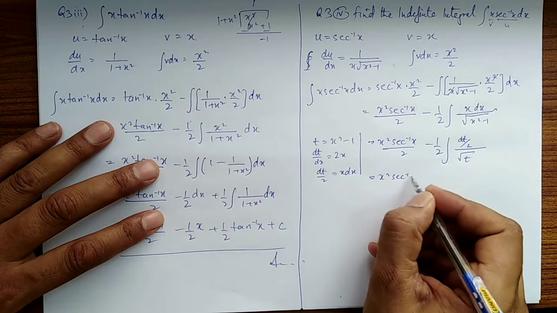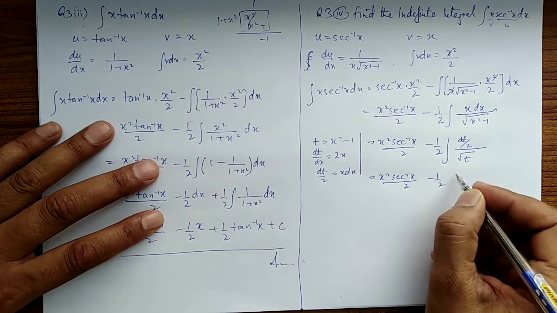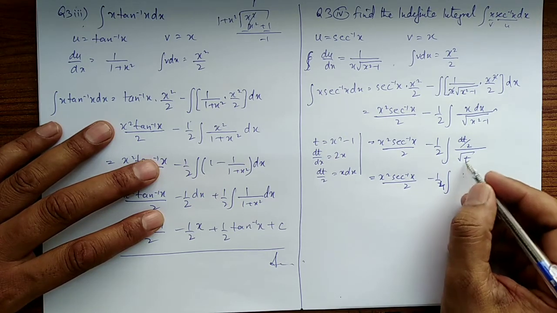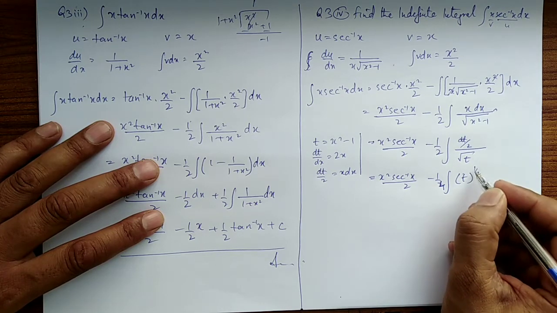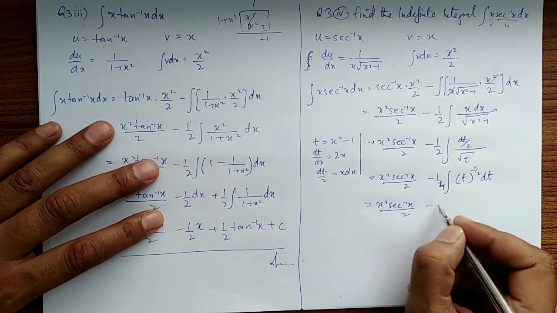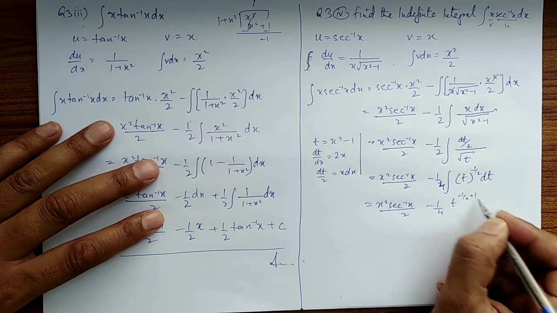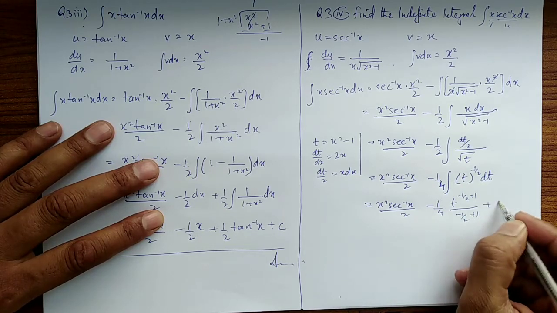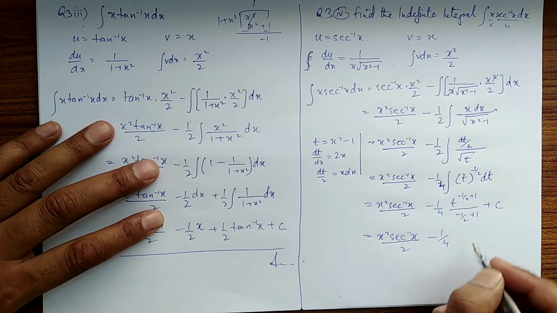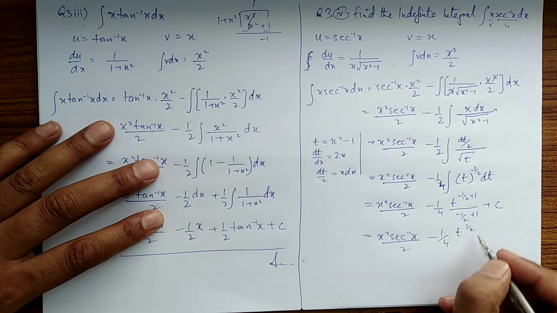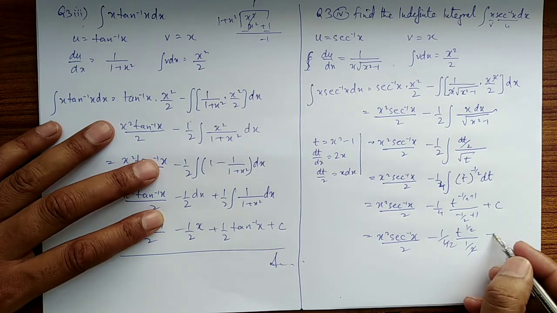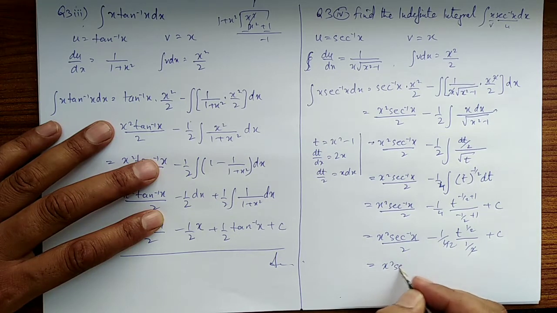That is x square sec inverse of x divided by 2 minus 1 upon 2 integral of, 2 and 2 becomes 4, and dt, take this root of t into the numerator, this becomes t power minus 1 upon 2 dt. x square sec inverse of x divided by 2 minus 1 upon 4, this gives minus 1 upon 2 plus 1 divided by minus 1 upon 2 plus 1, plus c, x square sec inverse of x divided by 2 minus 1 upon 4 t power 1 upon 2 divided by 1 upon 2, and we can cancel out this 2 with this 4.